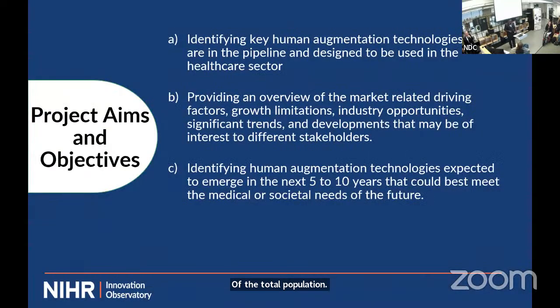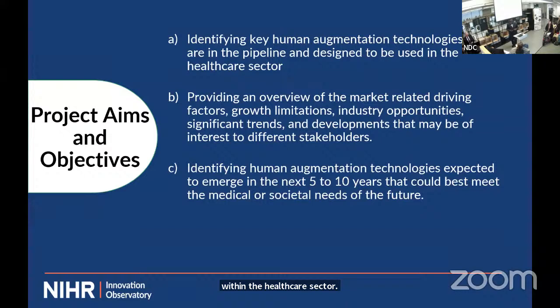So the project that we conducted, the aims of the project, we wanted to identify these human augmentation technologies that are in the pipeline and that are being designed to be used within the healthcare sector. So that was one of the main aims.